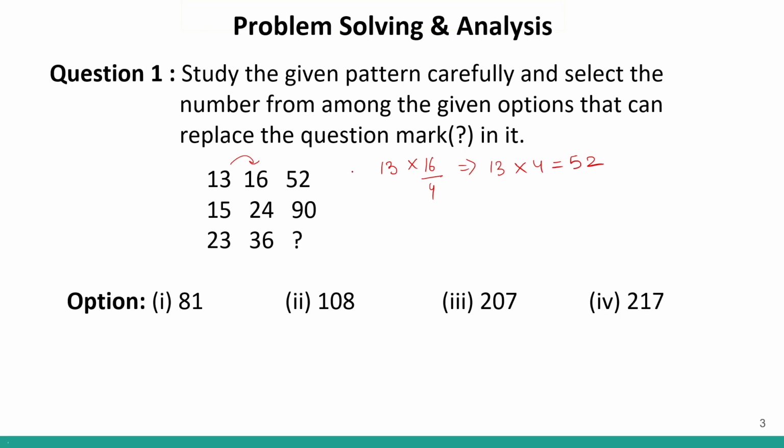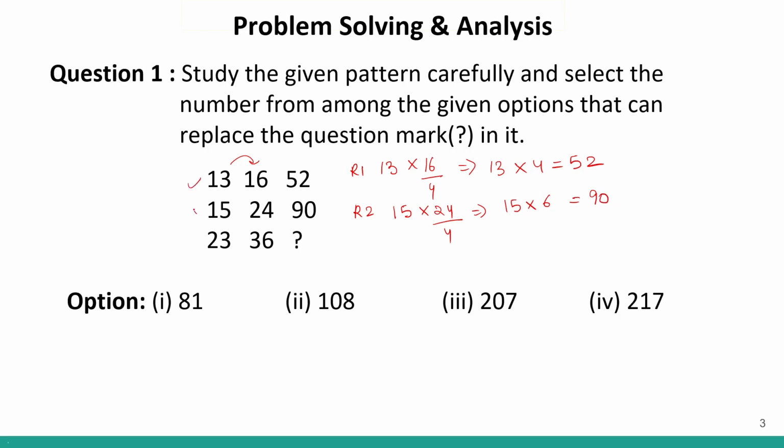Now this was row 1. Now let us look at row 2. So in row 2, if I multiply 15 into 24 and divide it by 4, what will I get? I'll get 15 into 4, 6 fours are 24, 6 times. And 15 into 6 is equal to 90.